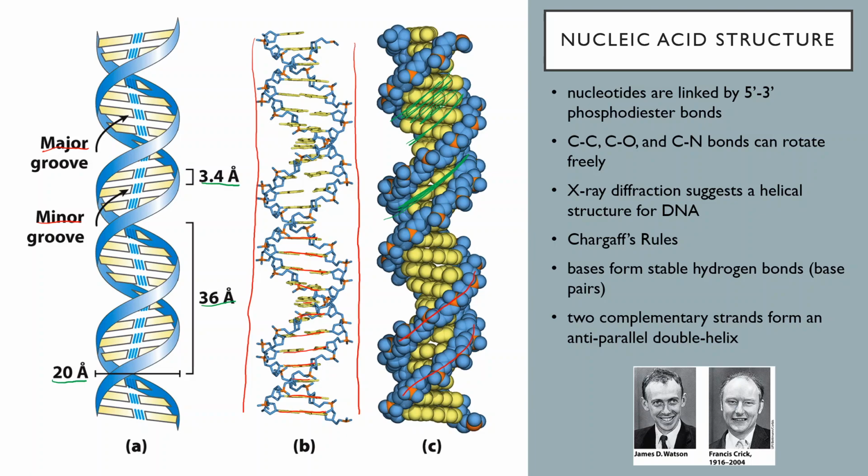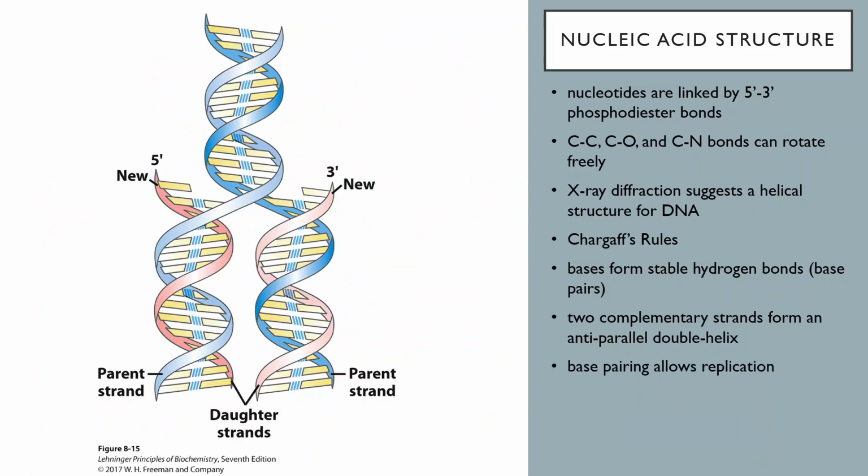But in any case, the structure is important because it does tell us some things about how DNA works. So this complementary anti-parallel structure is the secret of how, for example, DNA can replicate. Because we know, of course, that DNA, in order to be the genetic material, has to be able to do 2 things.